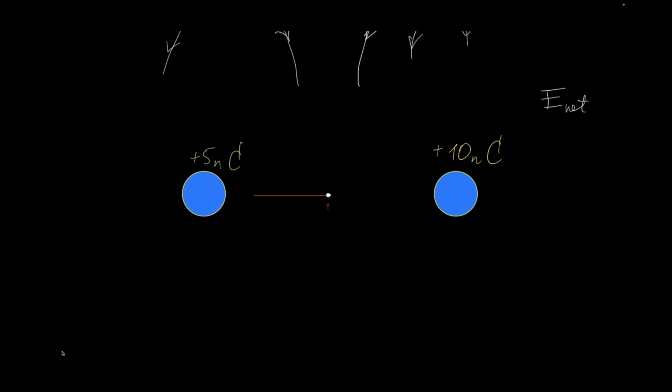This would be the electric field caused by 10 nanocoulombs. 5 nanocoulombs, because they're smack in the middle, is going to be half of that. And that's going to be E of 5. Then you can write E net as E of 10 minus E of 5, and you're going to end up with newtons per coulomb for an answer.